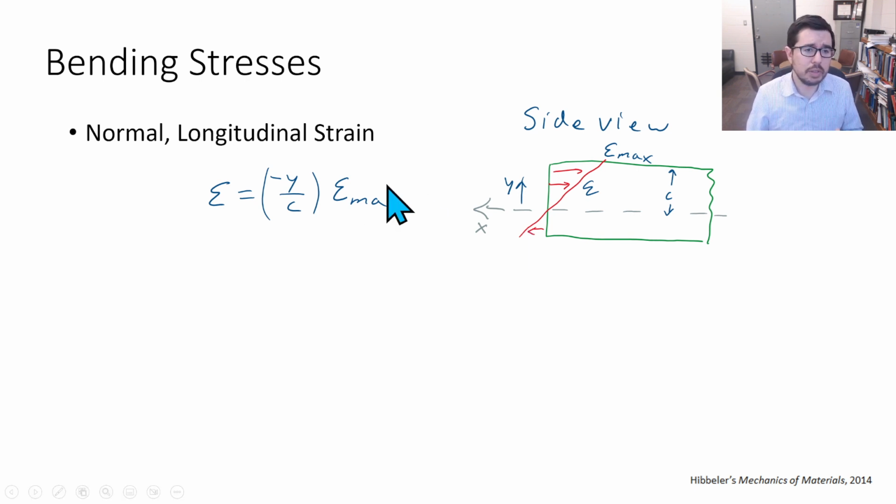And we can describe the strain that we're experiencing at different heights away from the neutral axis as minus y over c times epsilon max, where epsilon max is the maximum strain experienced at one of the surfaces.